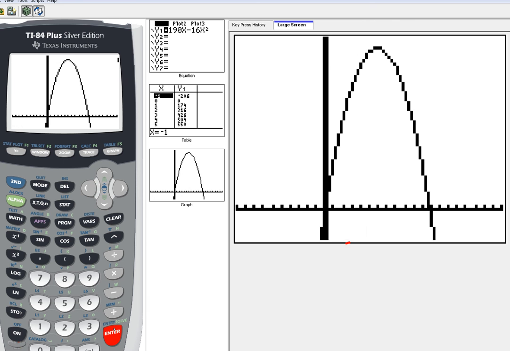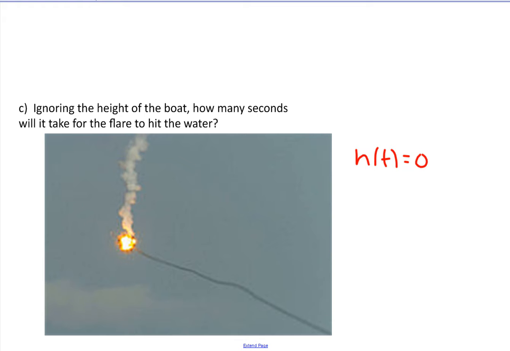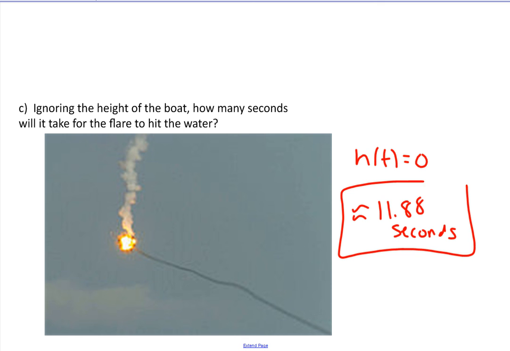That's about as close as I can go. And I get 11.88. So my 0 happens at 11.88. So ignoring the height, I would say at approximately 11.88 seconds. That's how long it takes the flare to hit the water. So that's how I would use my calculator for those. So we'll try a couple more.